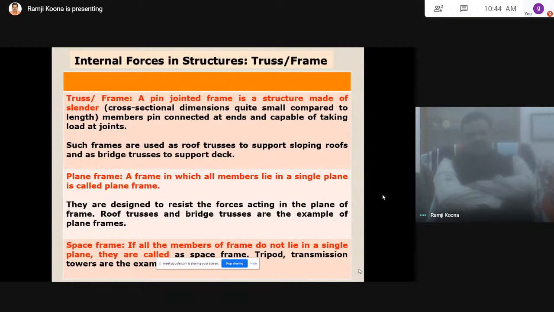They are pin connected at the ends and capable of taking loads at the joints only. If you can apply loads at the joints only, we consider it a truss. If you can apply loads other than at the joints, it is called a frame. That is the fundamental difference between a truss and a frame.